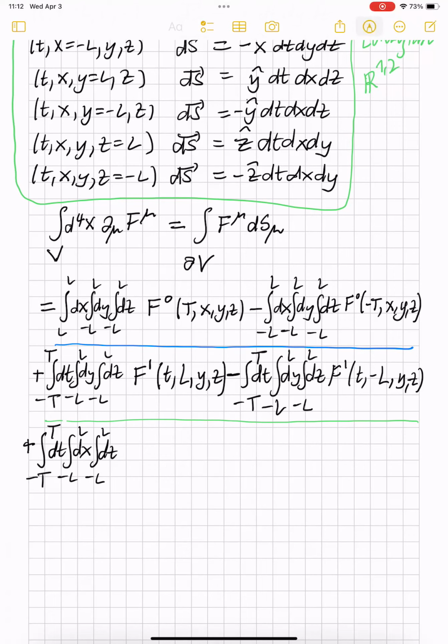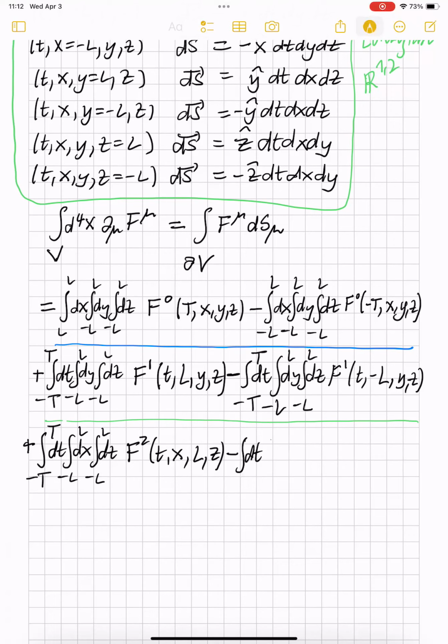There's a y hat appearing, so only dS_2 is non-zero. So we'll have f^2, we'll have t, we'll have x, and y is set equal to L, and then we've got z. The next side at y equal to minus L has got a minus y hat, so we need to change the sign.